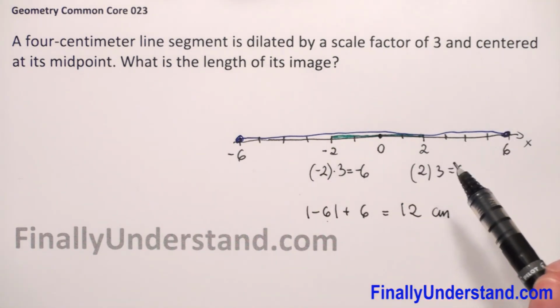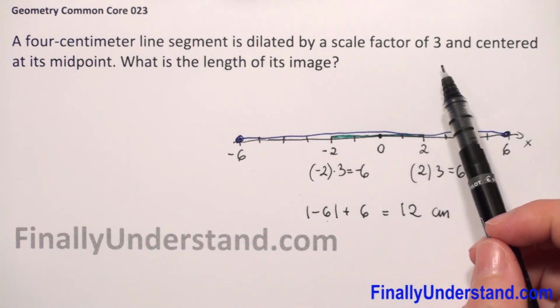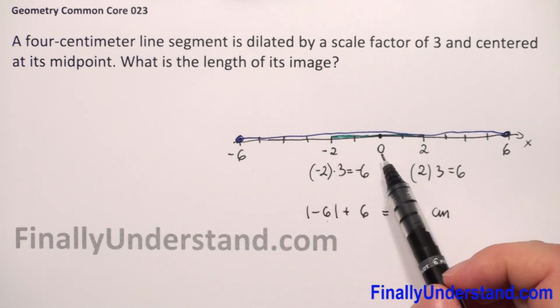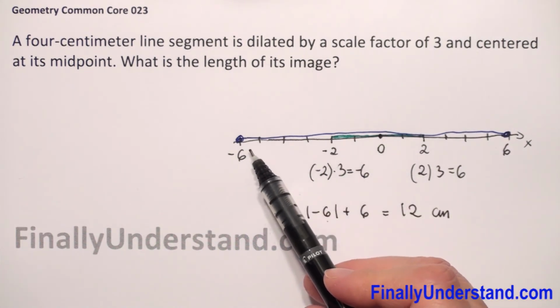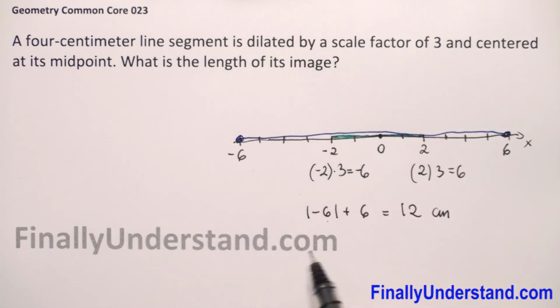So after dilation by a scale factor of 3 and the center at its midpoint, our line segment is larger, because the scale factor is greater than 1, and has 12 centimeters.